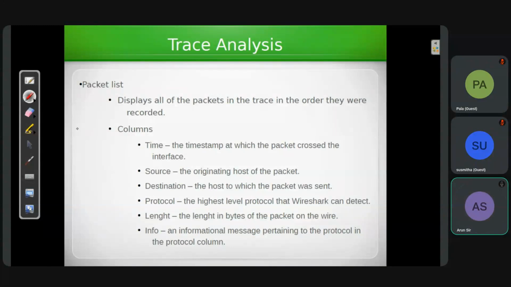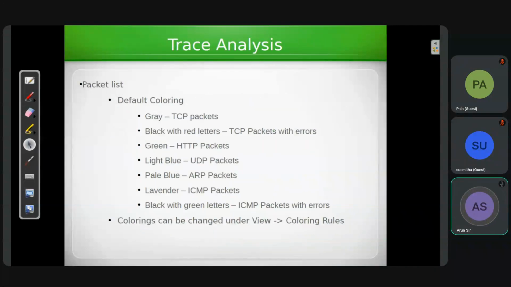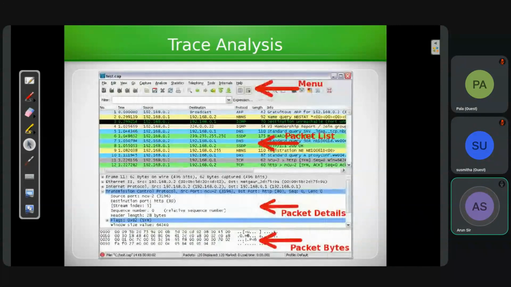Then you will have different columns like time, source, protocol, destination, length, everything, which is already shown in the upper slide. See this one. So these are the columns that we have: time, source, destination, which protocols are used, length of those packets, and information related to those packets.